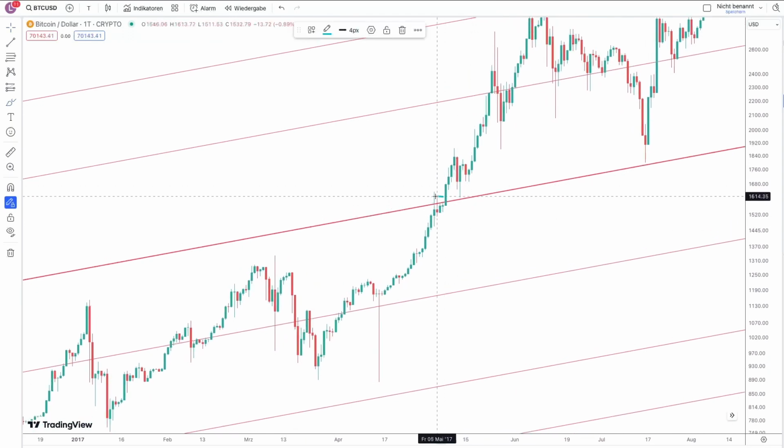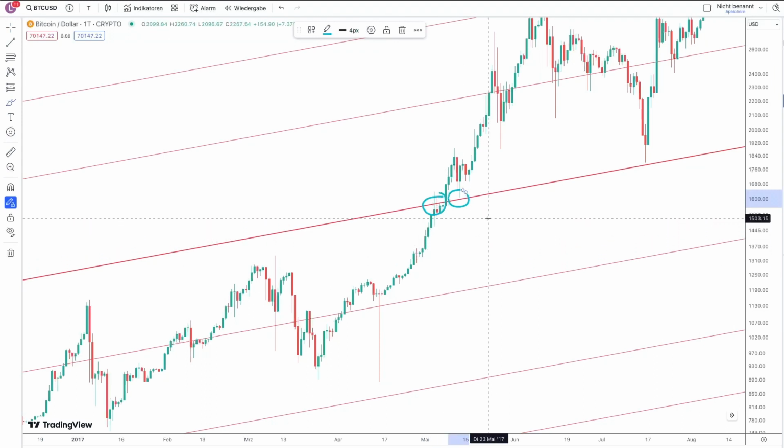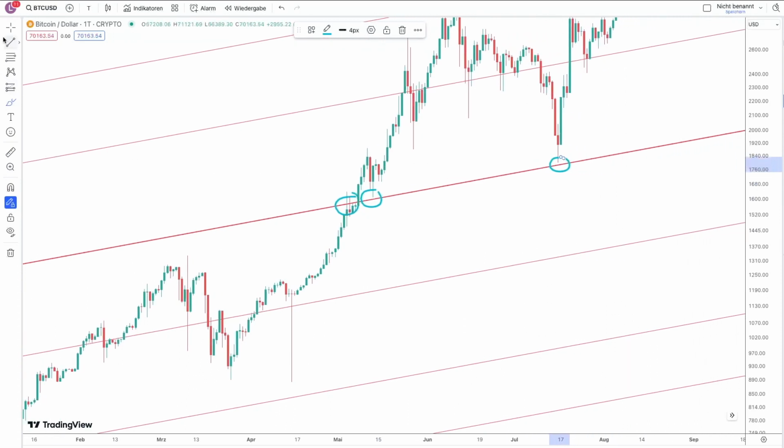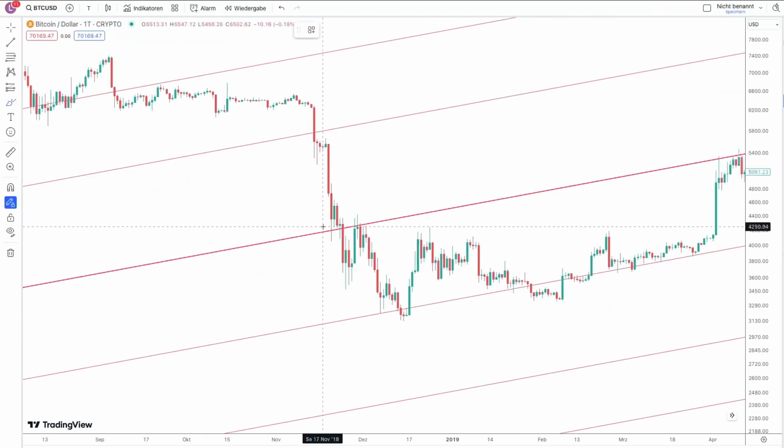Our next touch points were here in May of 2017. Then we had here nearly a touch point in July of 2017. Our next touch point again here in November of 2018.